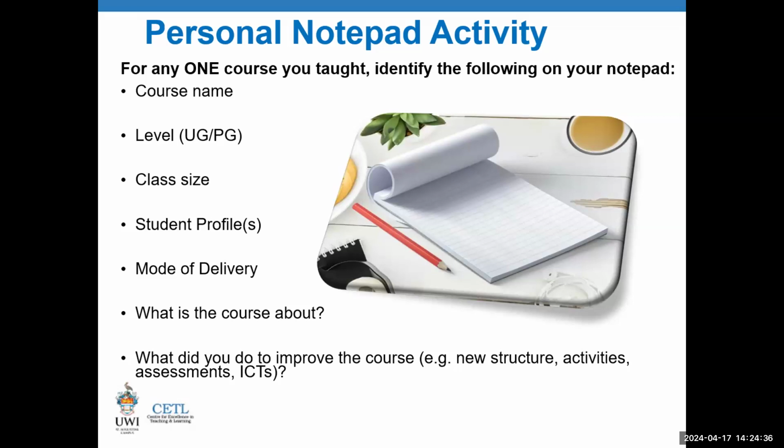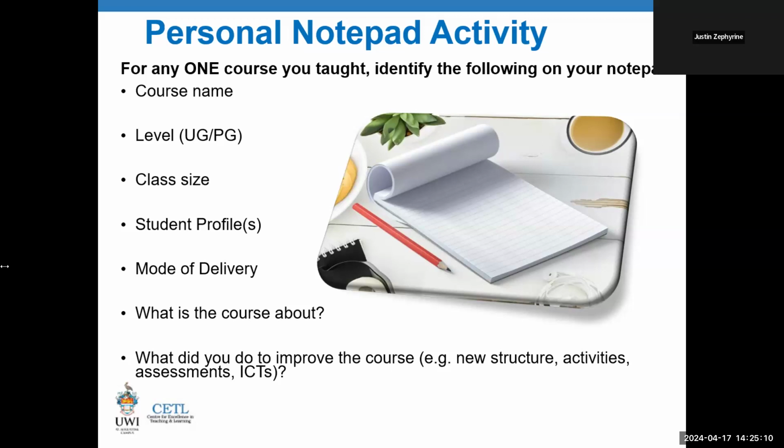So think of a course that you've been working on or that you taught, and just the general information on it: the class size, the level, the general description of the students, if they are visual learners or they don't like group work, or if they are working students, the mode of delivery, and what you did to improve the course. And of course, you see where this is going now, to tie to your teaching philosophy. So keep that in mind.